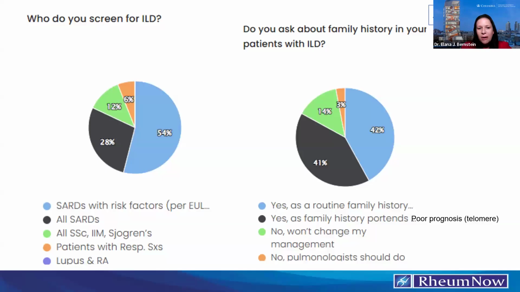I think it is reasonable to do a full evaluation of whether that patient has any other features going for a SARD, because ILD can be the first clinical manifestation of a SARD. Not as common, obviously, as arthritis, but it can happen. So doing an additional workup as you see fit once you see the patient is warranted.